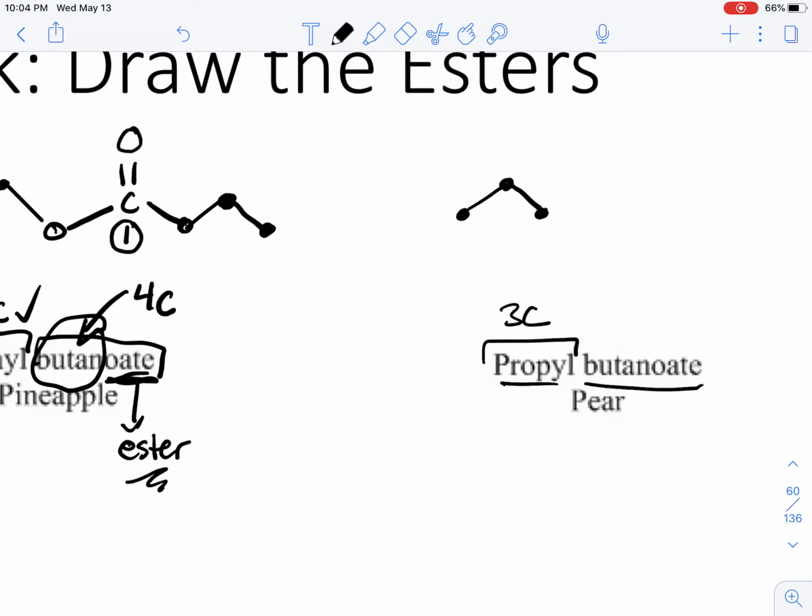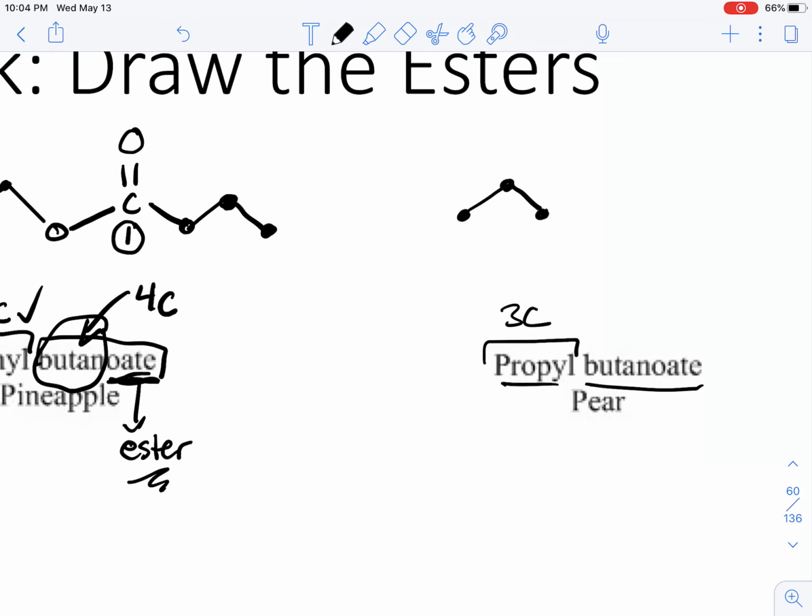This is going to be connected to my ester oxygen, so I need to put one more covalent bond, and then I'm going to draw that oxygen. The oate ending tells me that this is an ester.